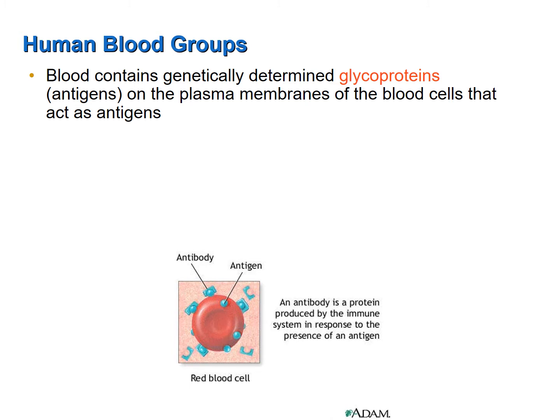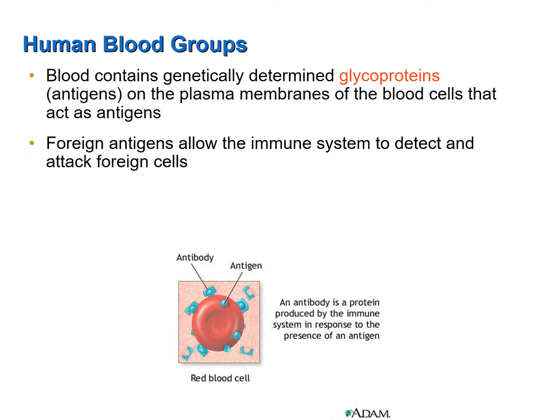Blood cells, like all cells, contain glycoproteins embedded in the plasma membrane that act as antigens. Antigens are used by the immune system to determine if a cell belongs to the body or if it is foreign. If an antigen is foreign, an immune response will be mounted against the cell, and it will be attacked and likely destroyed.